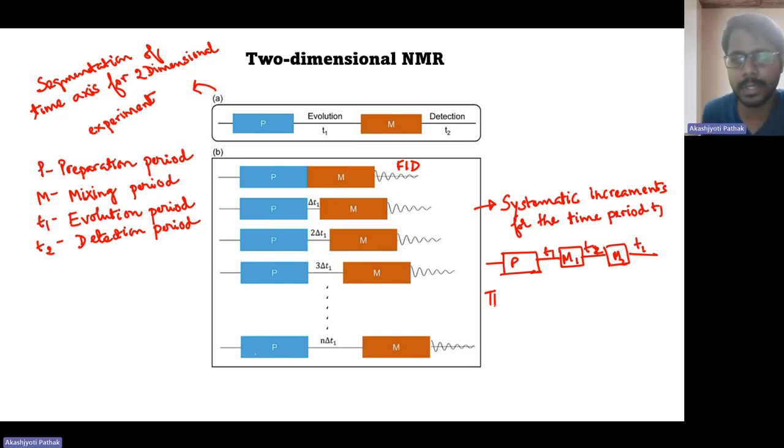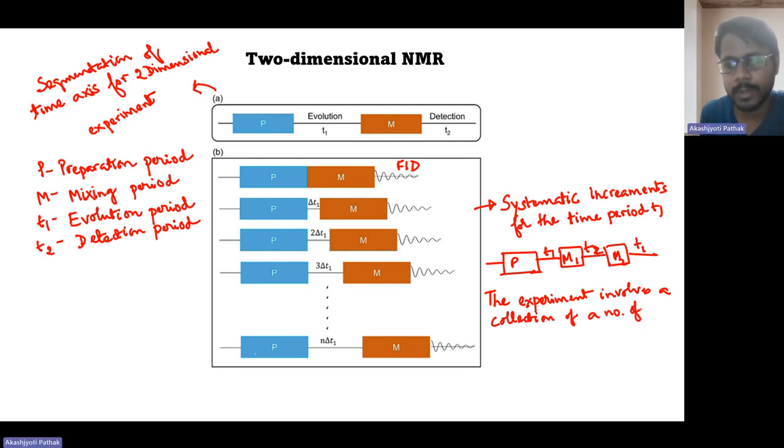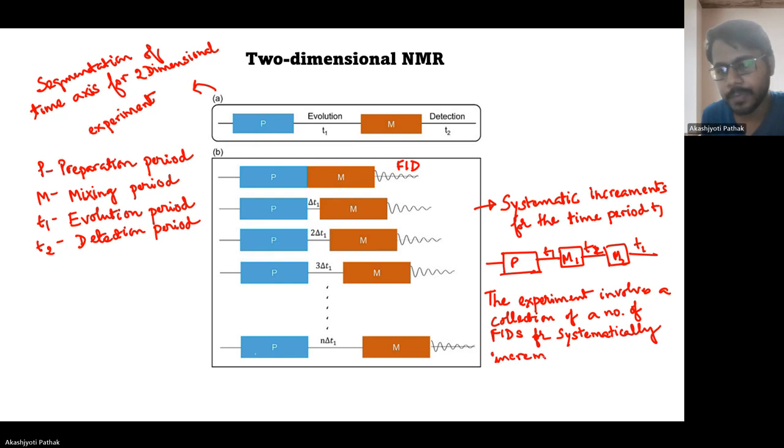To summarize, the schematic figure in B shows an experiment involving collection of a number of free induction decays with systematically incremented values of T1.